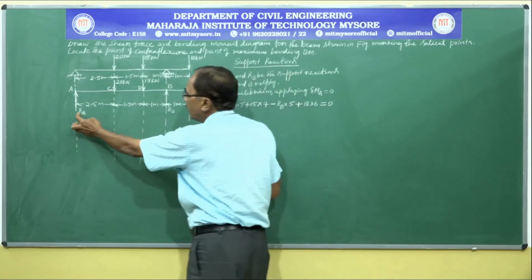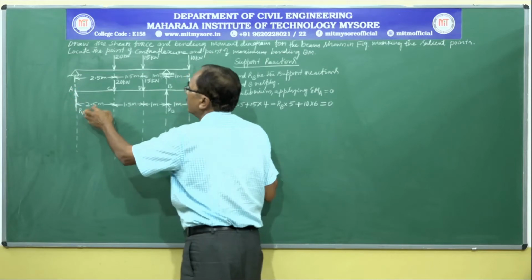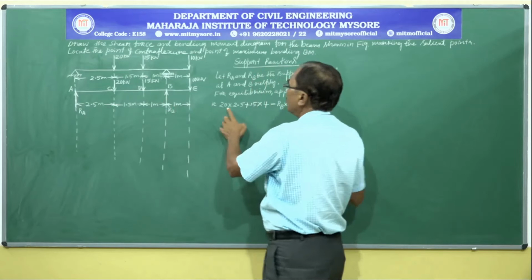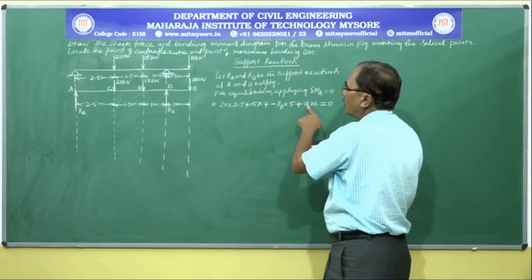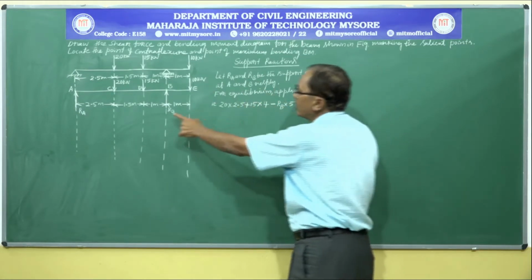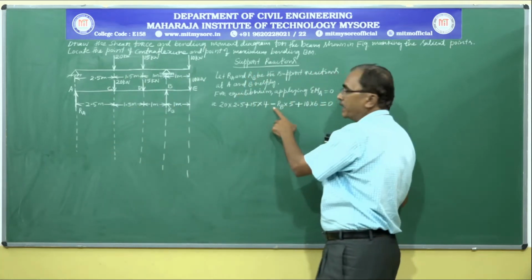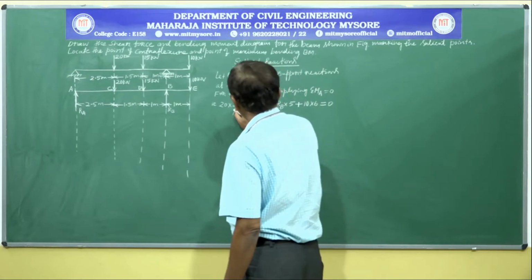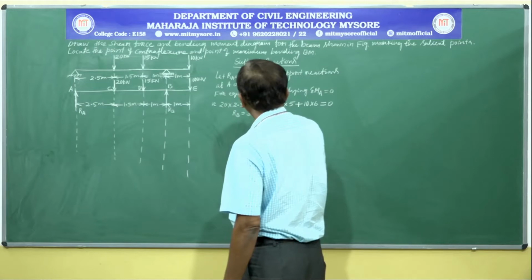As the support reaction RA will not create any moment about point A, we have not considered it, and we consider these 3 point loads and this reaction. The 20, 15 and 10 kilonewton point loads create a clockwise moment, hence positive, and RB creates an anti-clockwise moment, so it is negative. Solving this, you will get RB. Therefore, RB is equal to 34 kilonewton.